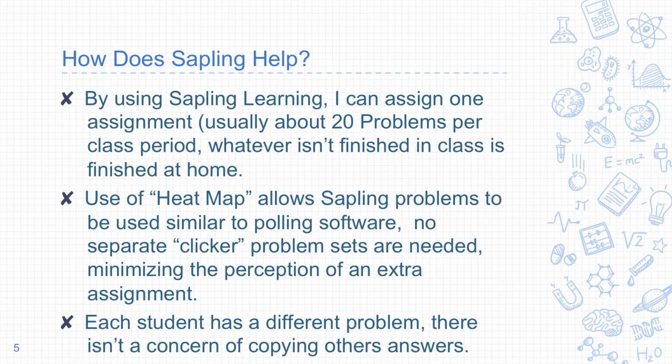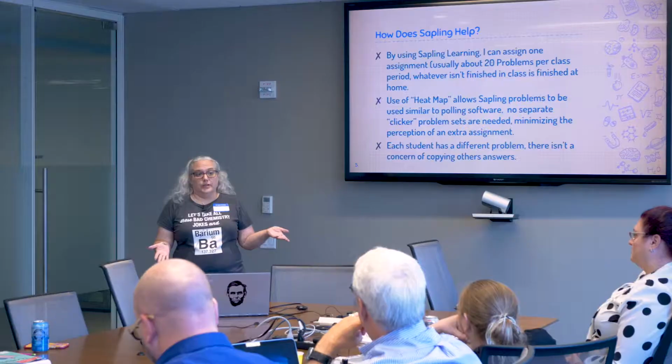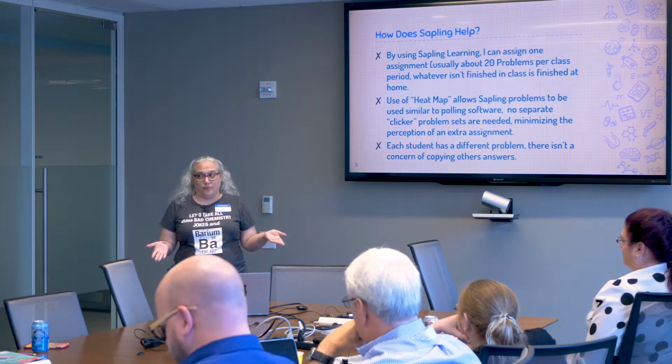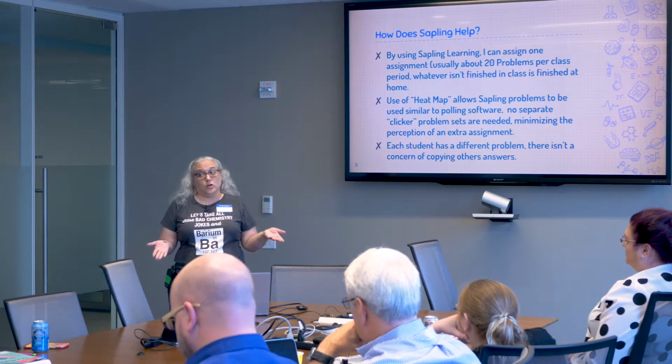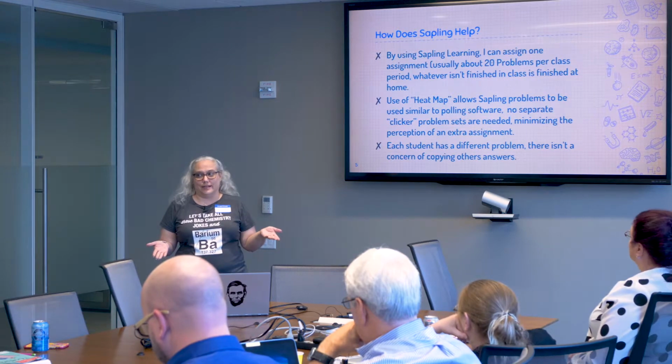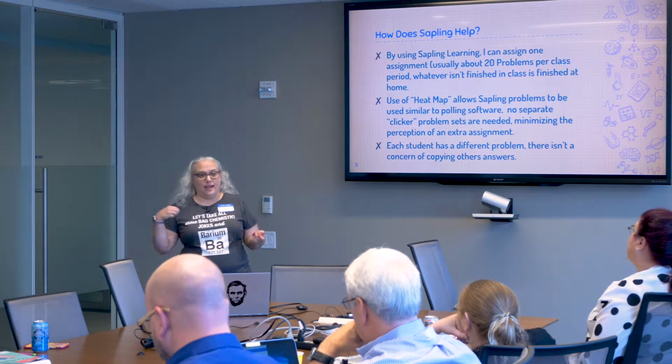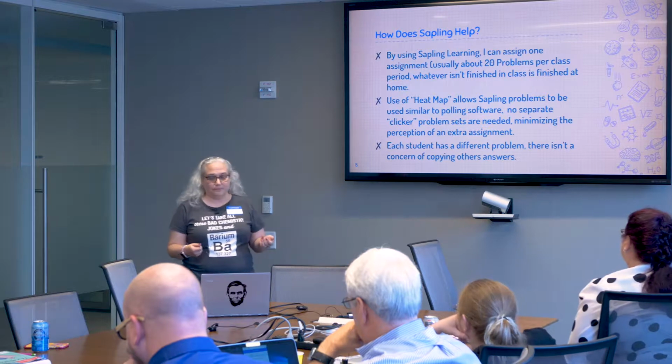And through the algorithmic process, although I wish sometimes you could choose whether or not it was an algorithmic question, especially on really introductory topics, they all have different numbers. So they're not all doing exactly the same problem, which means they're all doing their own work instead of copying off their neighbor and typing in that answer.